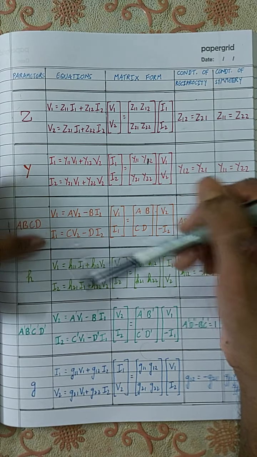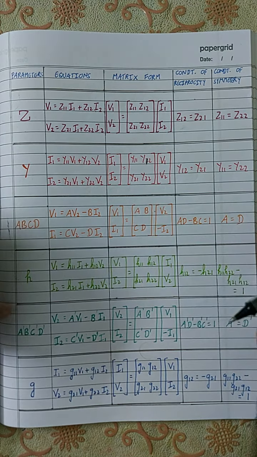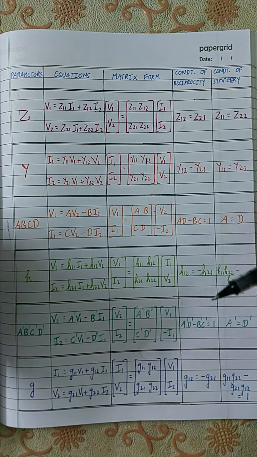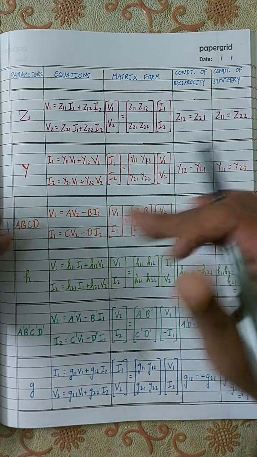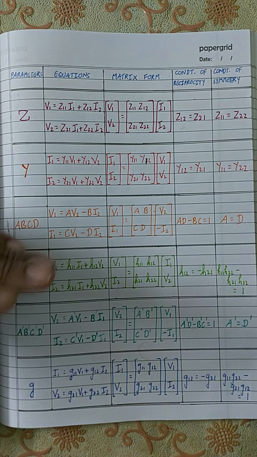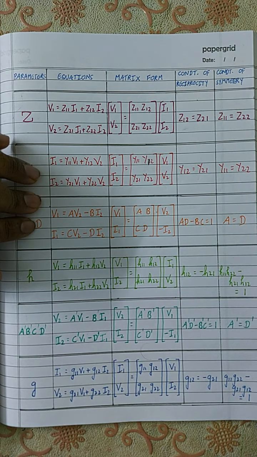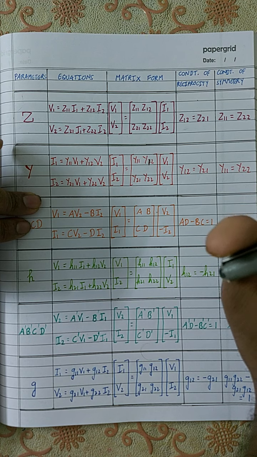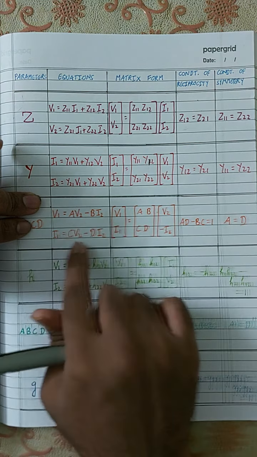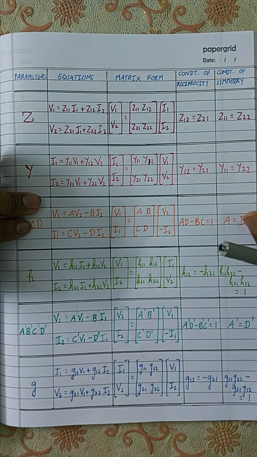Here you have V1 and I1, here you need to express V1 and I2, and the rest of them also. All of them are voltage and current equations. So it doesn't matter whether you apply mesh analysis or node analysis, but whatever method you use, you need to express those equations in terms of these parameters. Only then can you find your answer.